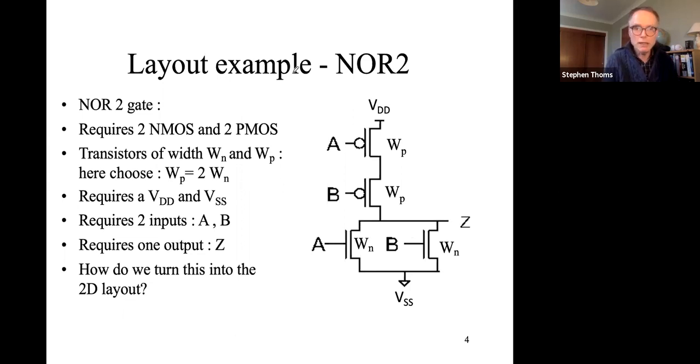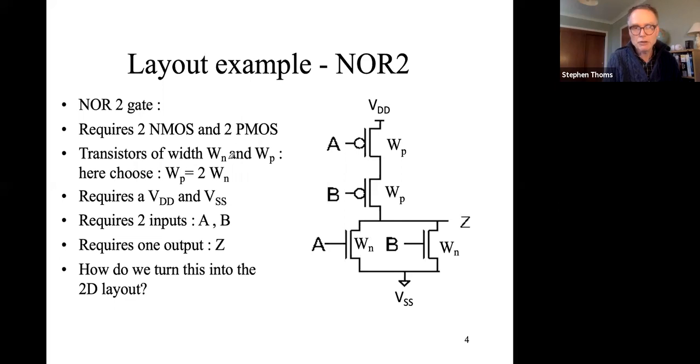So the example we've got here is a NOR gate with two inputs, A and B. And remember, this has the two NMOS transistors in parallel and the two PMOS transistors in series.